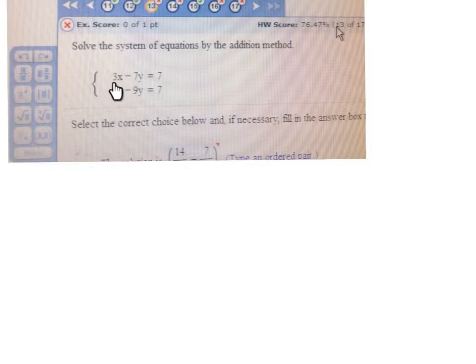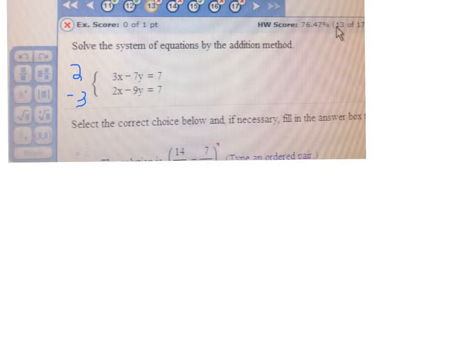And so we multiply one of them by 2 and one of them by 3, and we want them to be opposites. I'm going to multiply this one by 2 and this equation by negative 3. Make sure you multiply all three terms by 2 and all three terms by negative 3.